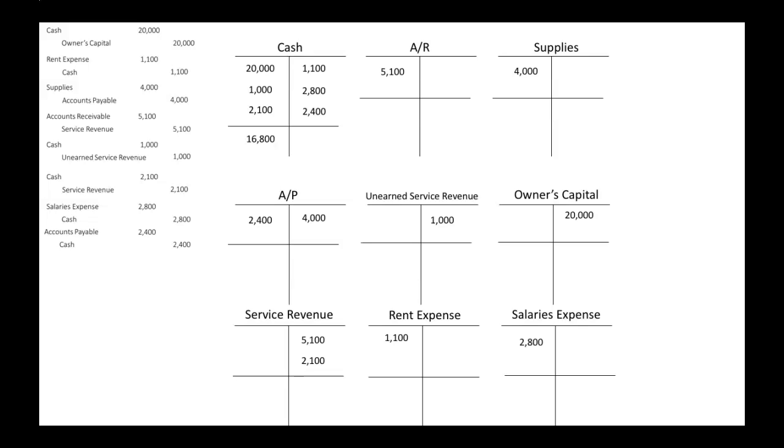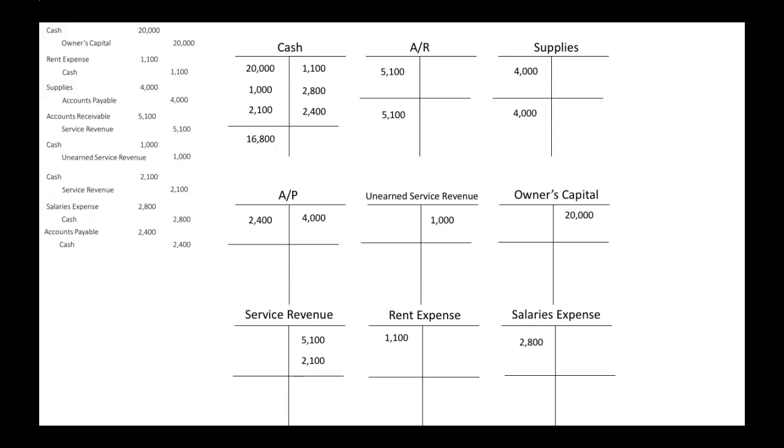Now, like I said, accounts receivable is going to be much easier. That's just going to be our 5,100 because we didn't have any other entries that affected it. Supplies, just the 4,000. Then we come to accounts payable. Once again, we have multiple entries affecting that account. Now, we could just take the difference and put the balance on the side that had more.